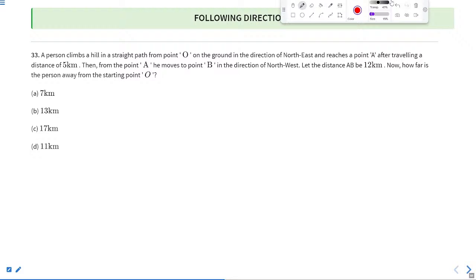33. A person climbs a hill in a straight path from O on the ground in the direction northeast and then reaches point A after traveling a distance of 5 kilometers. Then he moves to point B in the direction northwest. That distance from A will be 12 kilometers. How far away is he from starting point O?